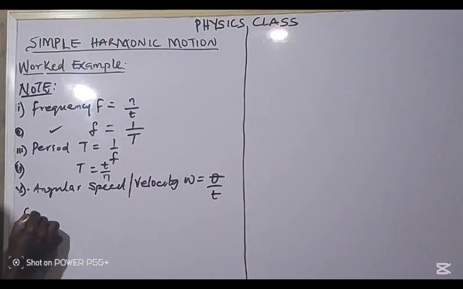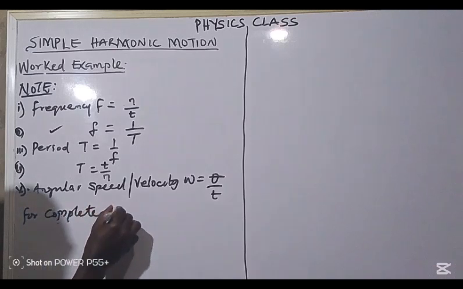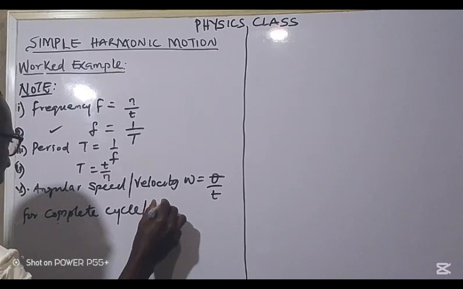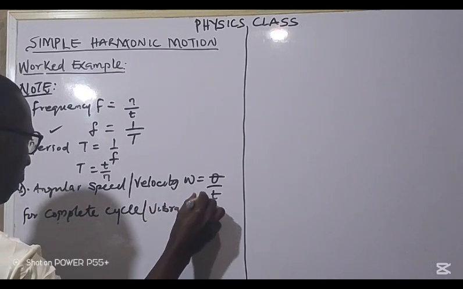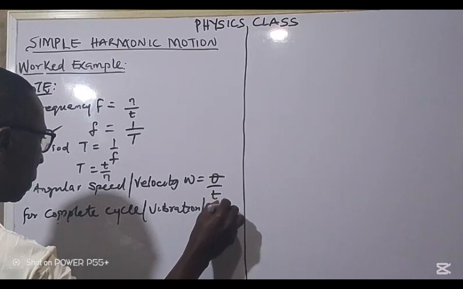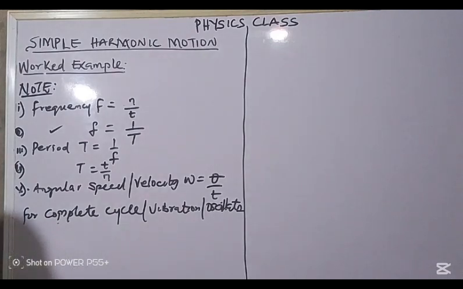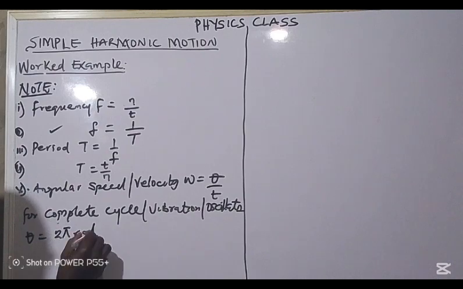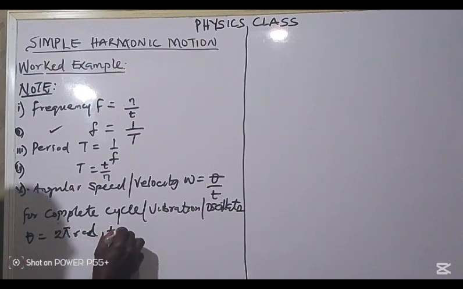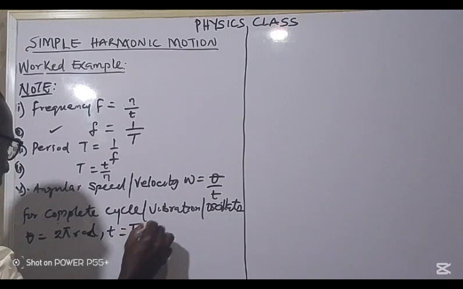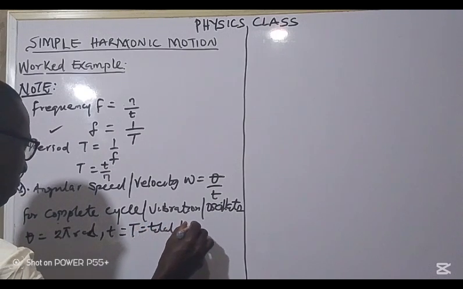Now, for a complete cycle of vibration, or you call it oscillation, we are going to have our theta equal to 2 pi rad, and our small t will be equal to capital T, that is the total time taken.